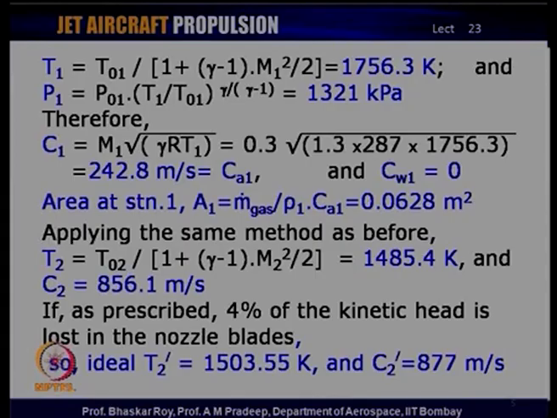That is an assumption, of course the theory, and we can always invoke that theory at a particular station. There is no process from 1 to 2, it is only at a particular station 1. So, we can always invoke the isentropic flow condition at that station in an ideal manner. That is what we have done, and we have got the static temperature and static pressure at station 1.